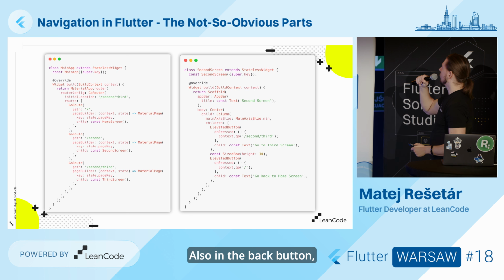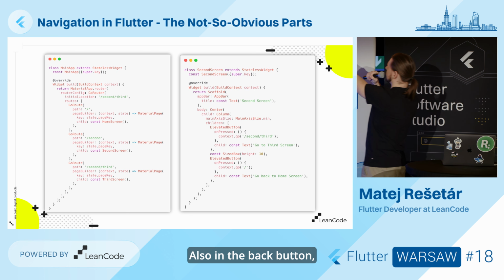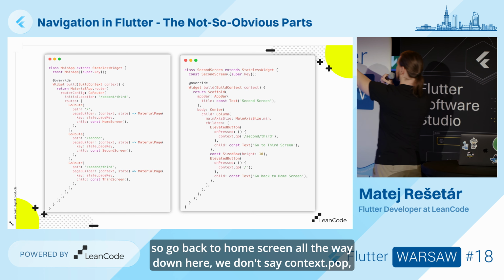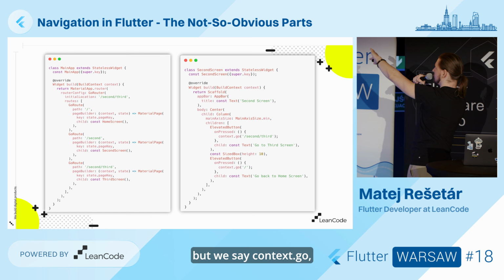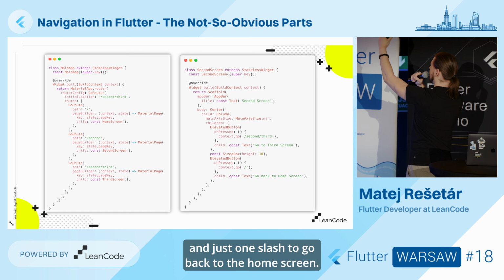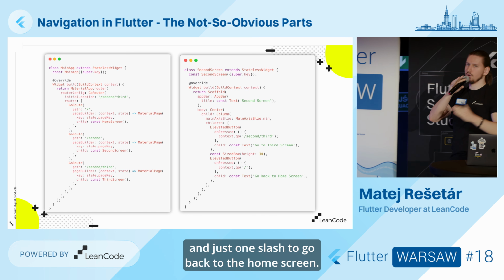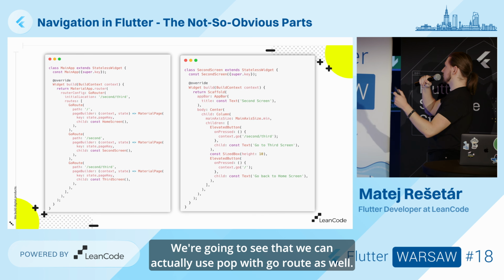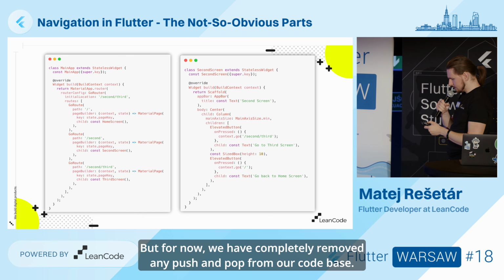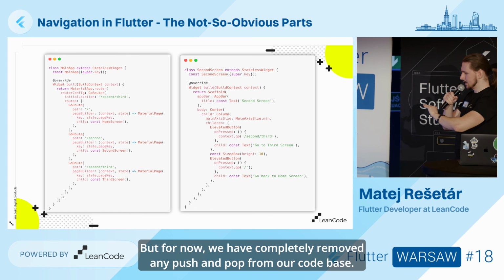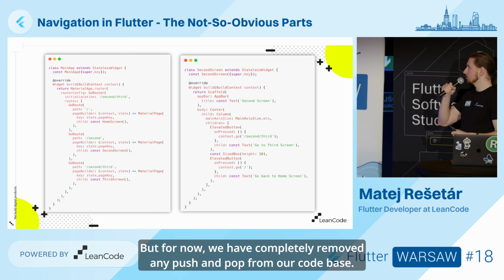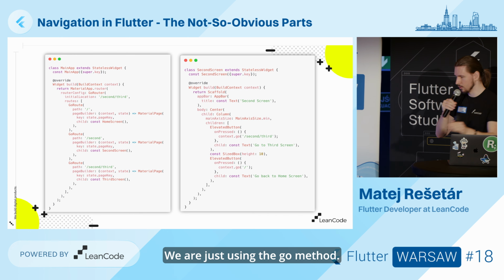Also in the back button, so go back to home screen all the way down here, we don't say context.pop, but we say context.go and just / to go back to the home screen. We're going to see that we can actually use pop with GoRouter as well, but for now, we have completely removed any kind of push and pop from our code base. We are just using the go method.